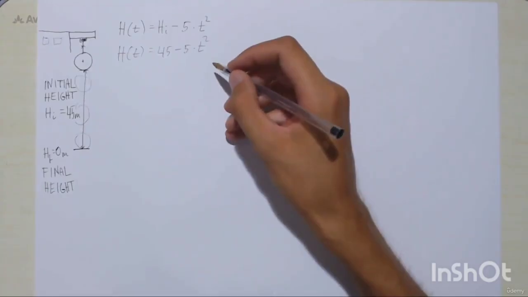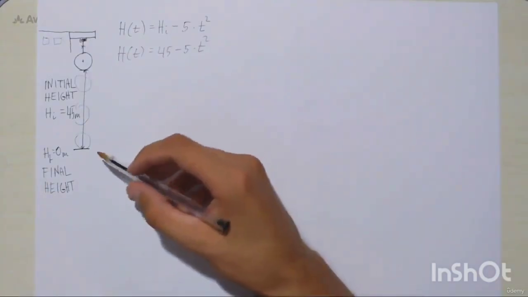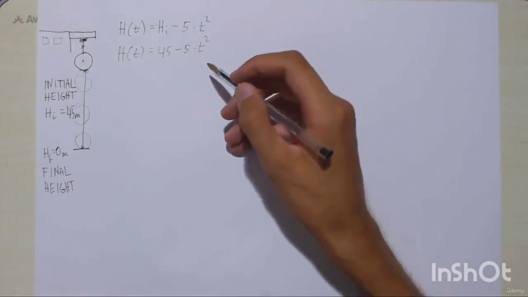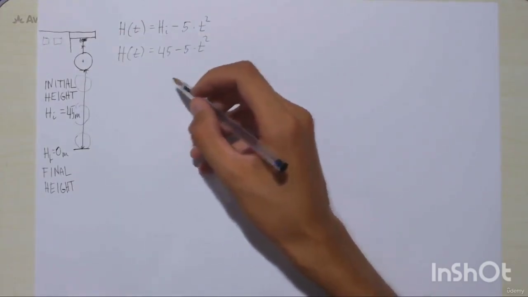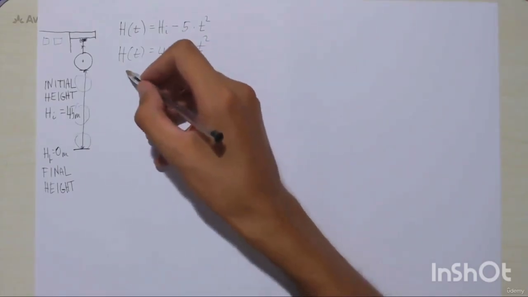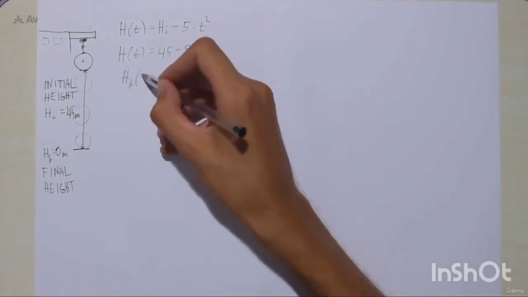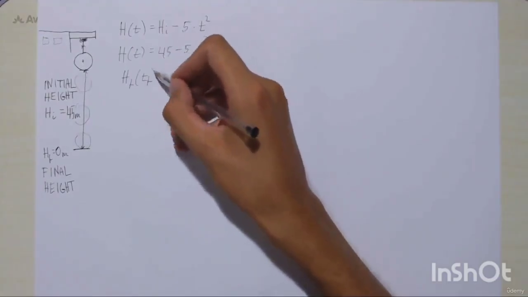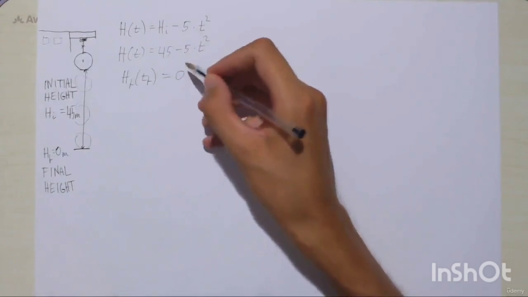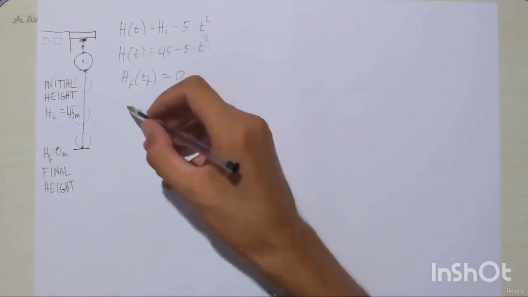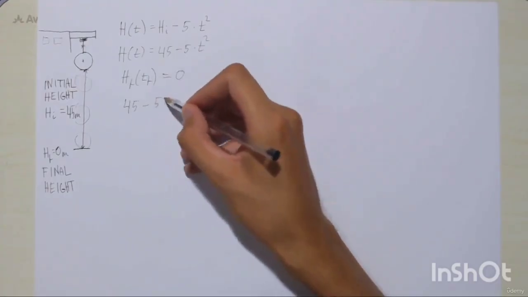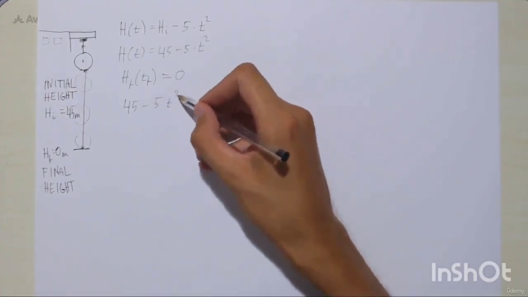Okay, so how would we find when the sphere touches the ground, in how much time the sphere would touch the ground? Well, we know that the final height would be 0 meters, right? So the final height at time final equals 0. So we can take this equation and equate it to 0. So it's 45 minus 5t squared equals 0.